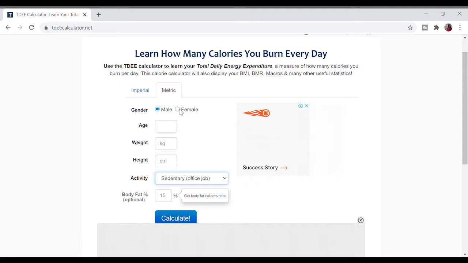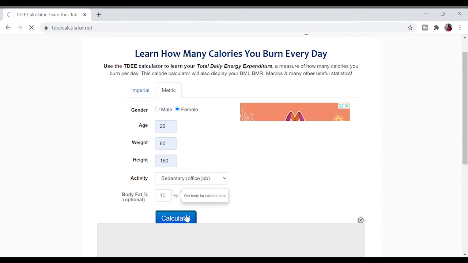Now let's take an example. So let's select gender female, age 29, weight 60, height 160, and I am selecting sedentary office job. It means I am not doing any kind of workout, and body fat percentage we do not have, and also it's optional, so it's not required.